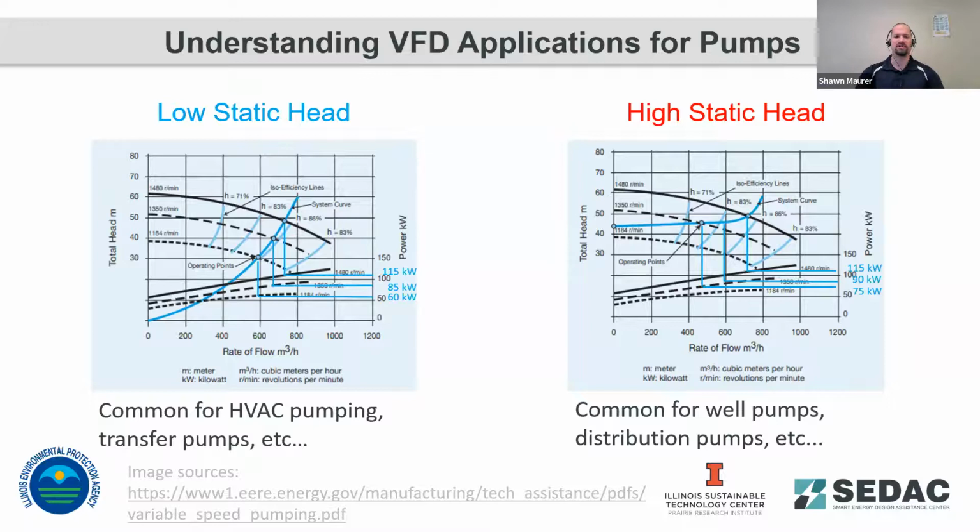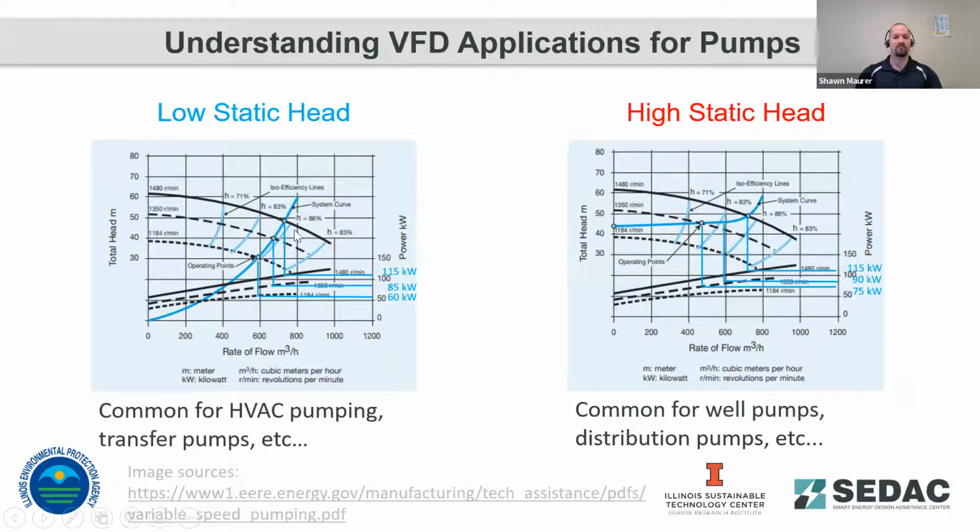If you can see on these charts here, the blue line is indicating the system curve. So if you've got low static head, you're going to be starting off at the bottom of the chart. As you ramp up speed flowing through the pipe, you increase friction, which increases the head pressure in that system.